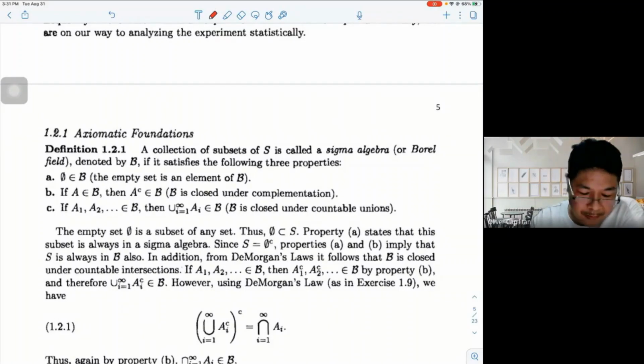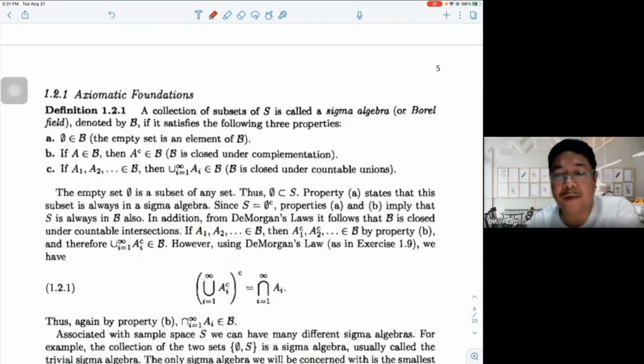First, the empty set is an element of script B. Second, if event A is an element of script B, then the complement of A must also be in script B. In other words, script B is closed under complementation.